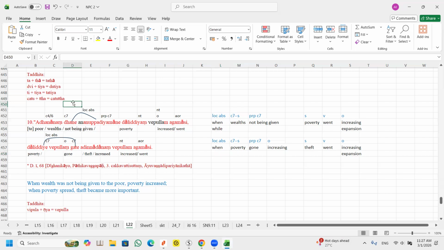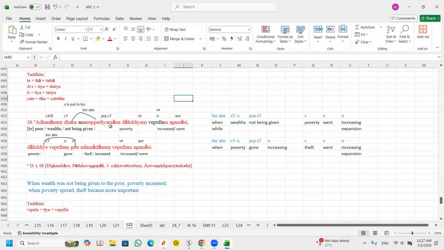So in another word, the subject in a locative is put in locative. If you want to do English to Pali, the subject is put in locative. The reverse is that the locative becomes the subject.